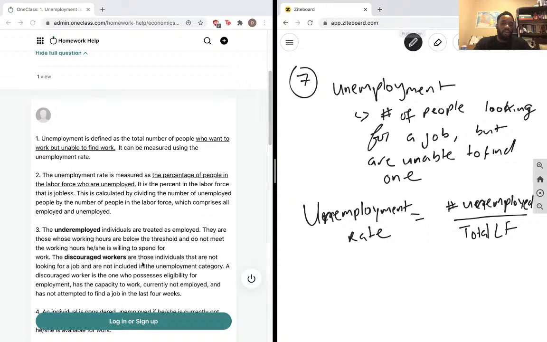And the discouraged workers are those individuals that are not looking for a job and are not included in the unemployment category. So these are basically people who were looking for a job, weren't able to find one, and they stopped looking. And because they stopped looking, they are not considered unemployed or employed.